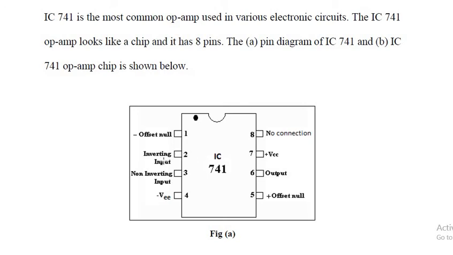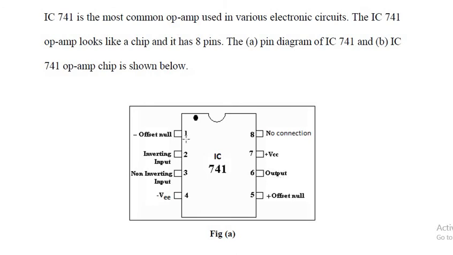So inverting input we give to pin number 2 and non-inverting input we give to pin number 3. At pin number 4 we give the negative power supply, and in pin number 7 we give positive power supply. At pin number 6 we measure the output.